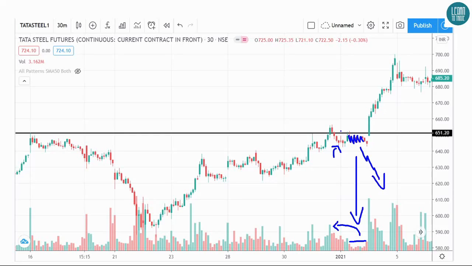So if you are not panicked at this small down move, you get the reward of a clean, clear upside move. The stock price went up probably 8%.